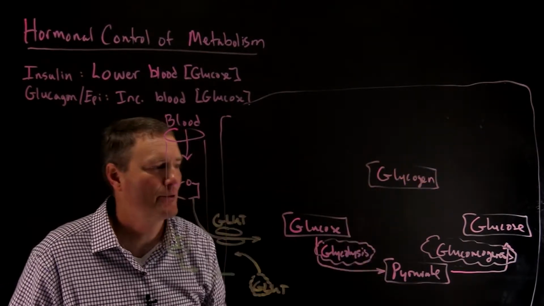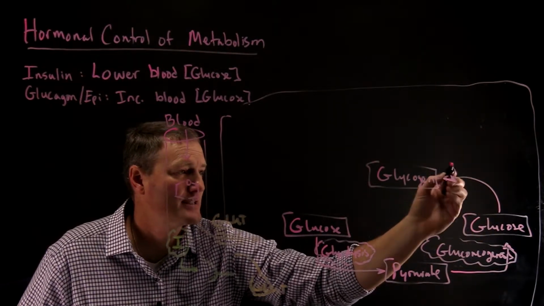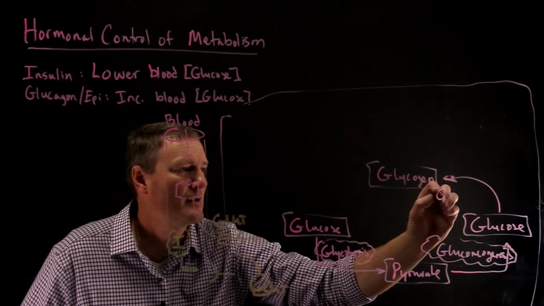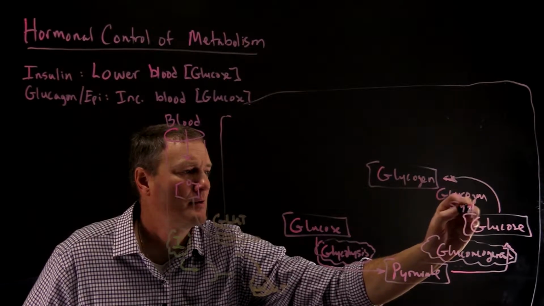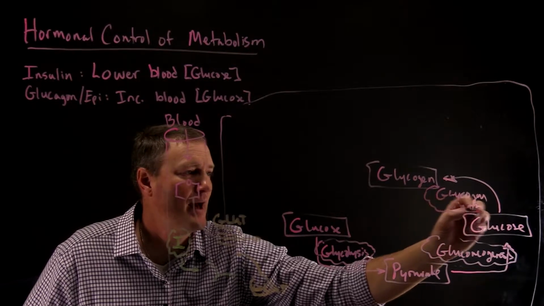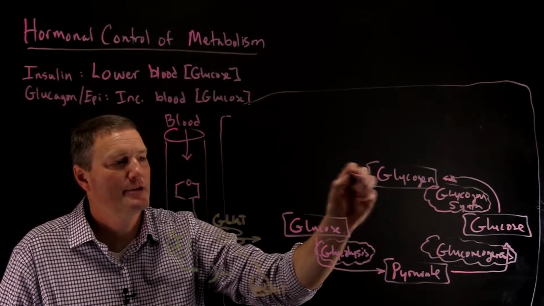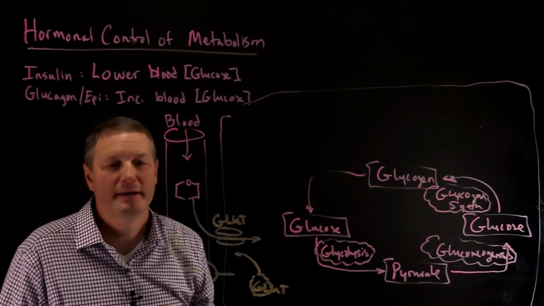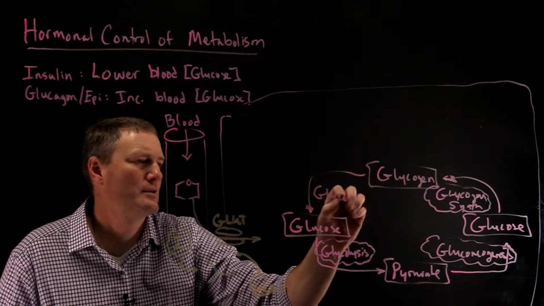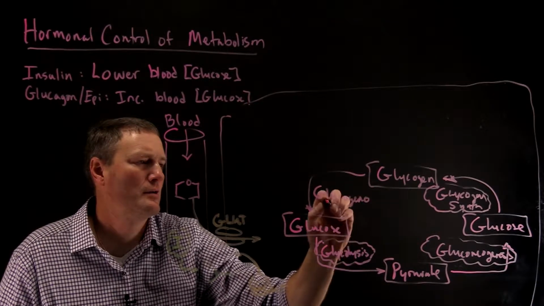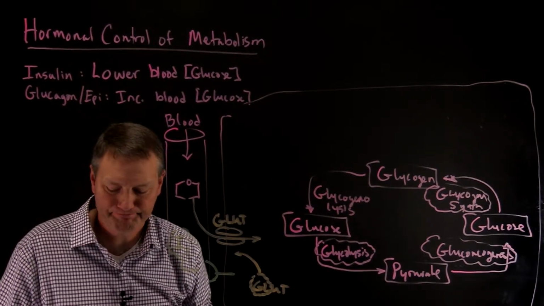And glucose can be converted into glycogen through the process of glycogen synthesis. Okay, 3 steps to that pathway. Or alternatively, glycogen can be degraded back to glucose. That's the process called glycogenolysis, or the breakdown of glycogen into glucose.